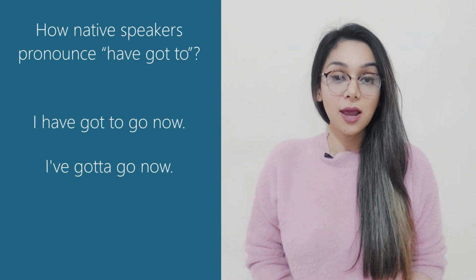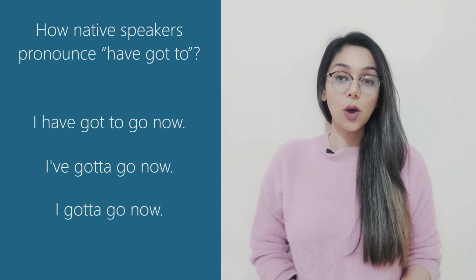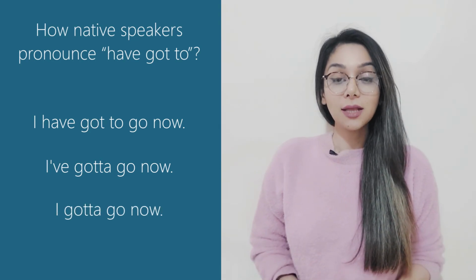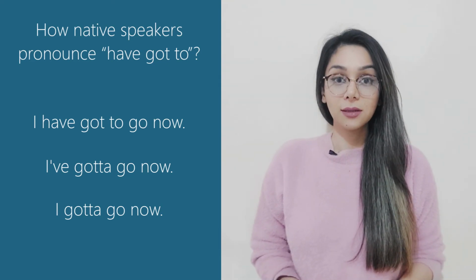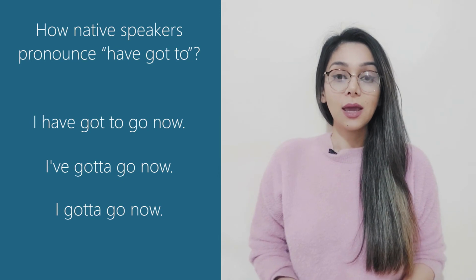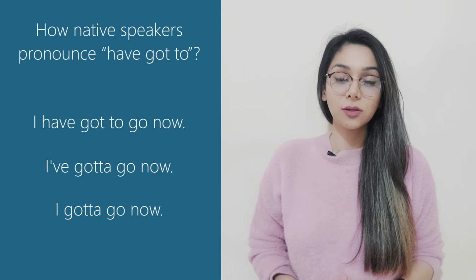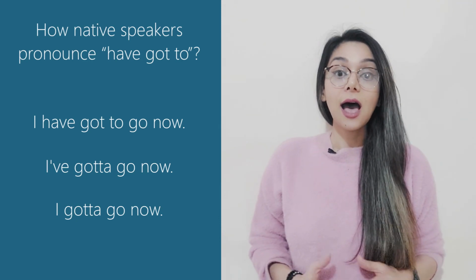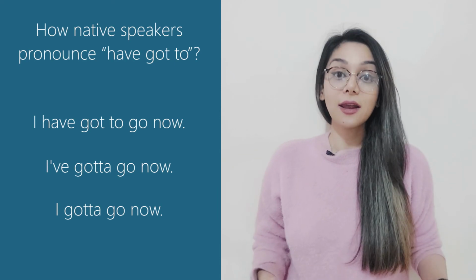I've gotta go now. I gotta go now. Well, the usual pronunciation of got to is gotta, and have is dropped sometimes in speech. So instead of I have got to do it, we say I gotta do it.